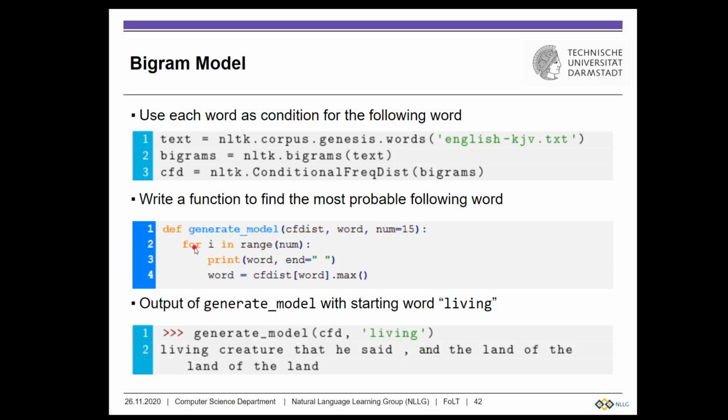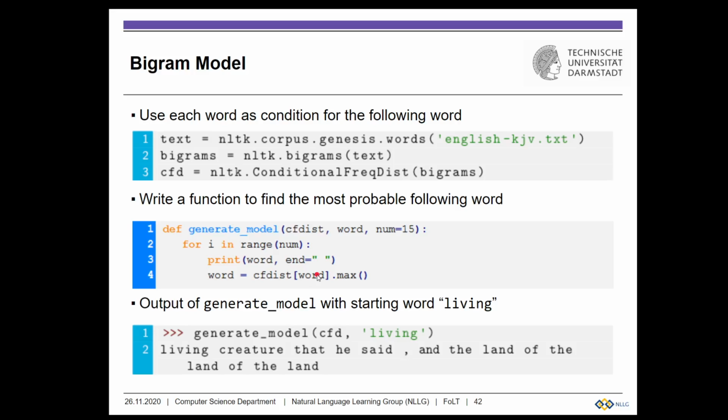It starts out with how often are we going to do this? We're going to do this 15 times, so we make a for loop. We write out the current word, so in the beginning it's just the initial word, with no new line. And then we go to our frequency dist and we get the word.